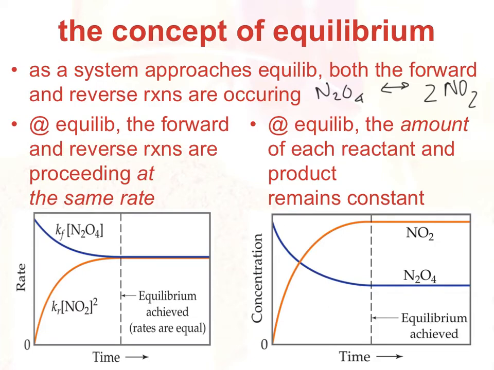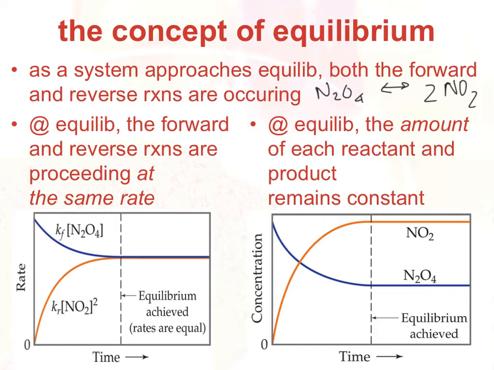Remember, initially there's only your reactant present, so the forward reaction is the only one occurring. As the amount of NO2 increases, the reverse reaction starts to occur and increases in rate, while the forward reaction is simultaneously slowing down.